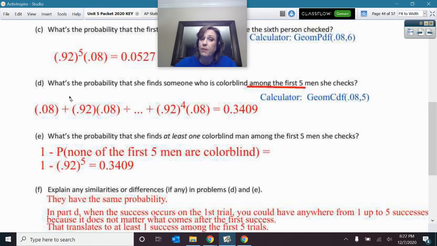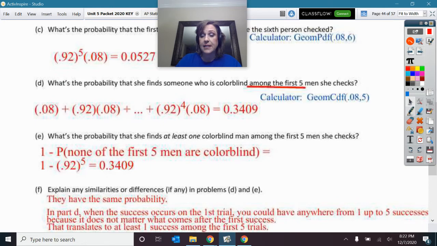Now, what's the probability that she finds someone who is colorblind among the first 5? So that means the first one could be colorblind, or the second one could be colorblind, and then that's the sequence, all the way up to that fifth one being the colorblind person. Now, if you were to show this process, you had to show the sequence.